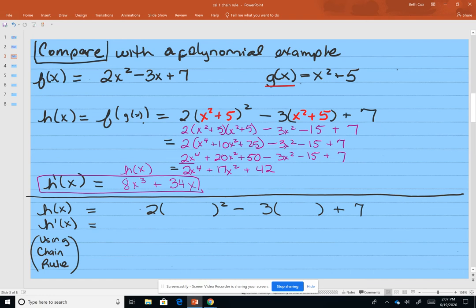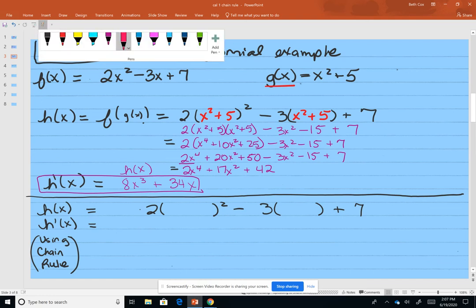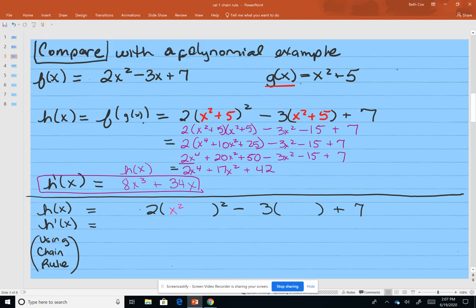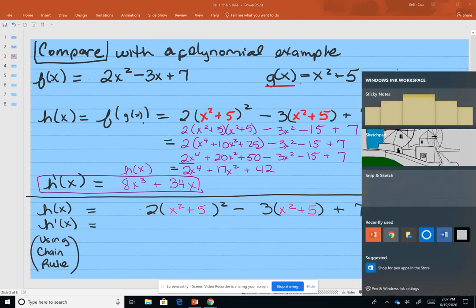But again, just to remind you that this is the composition, and the inside function is the x squared plus 5. That's the inside function. And so the derivative of the composition is, let me show it to you. I thought I wrote it down somewhere.